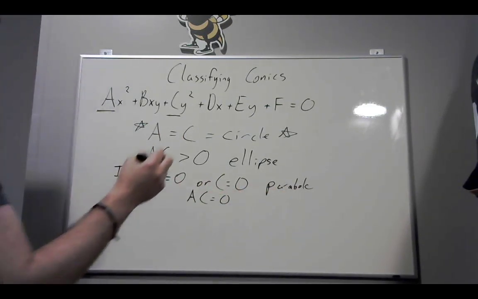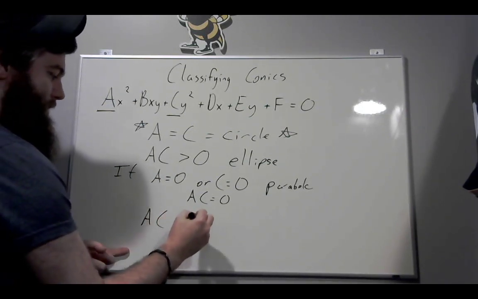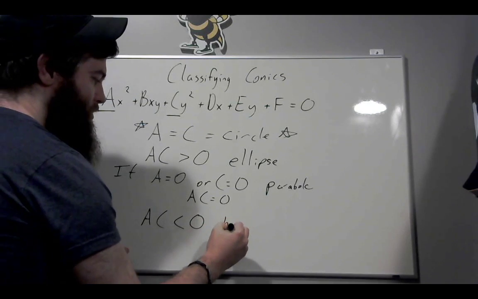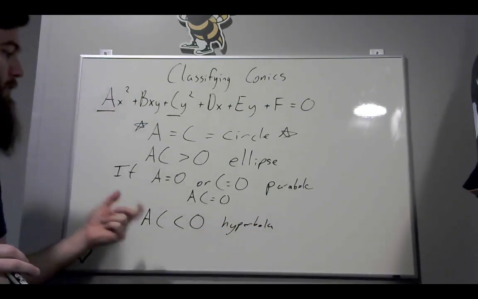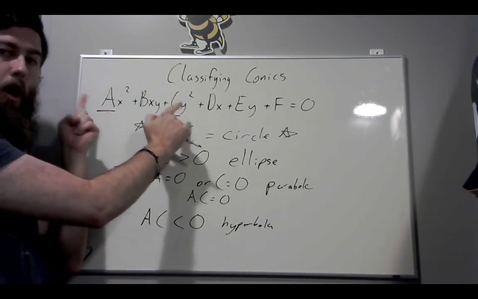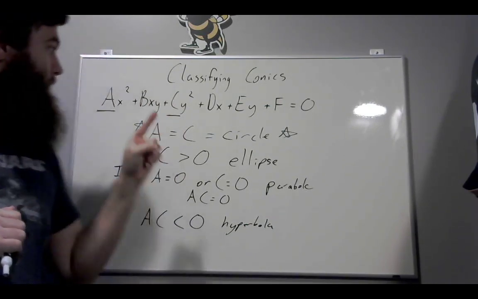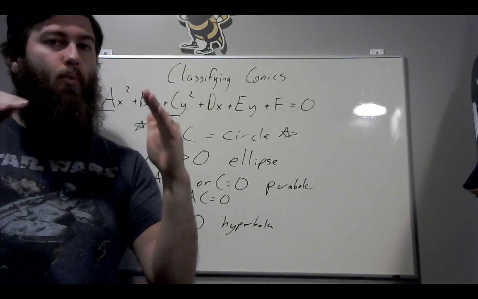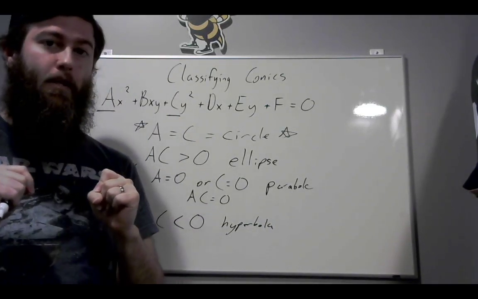And the last one is if a times c is less than 0, this is going to be your hyperbola. So the reason why a times c is less than 0 is because one of these two values is negative. Just one of them is negative. And as long as one of them is negative, that's why you get that minus sign inside of that standard equation.